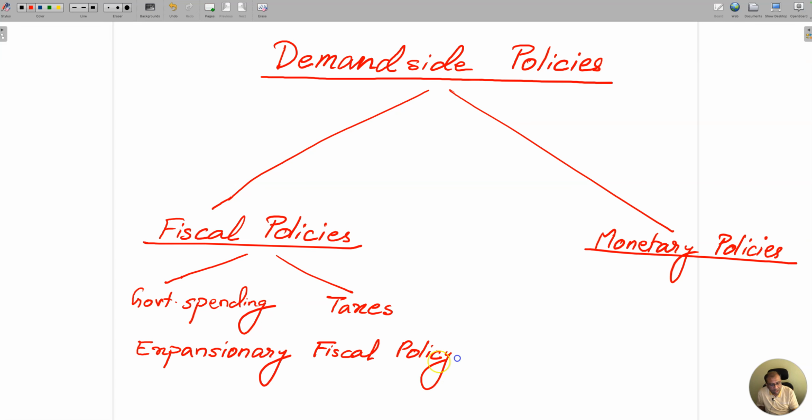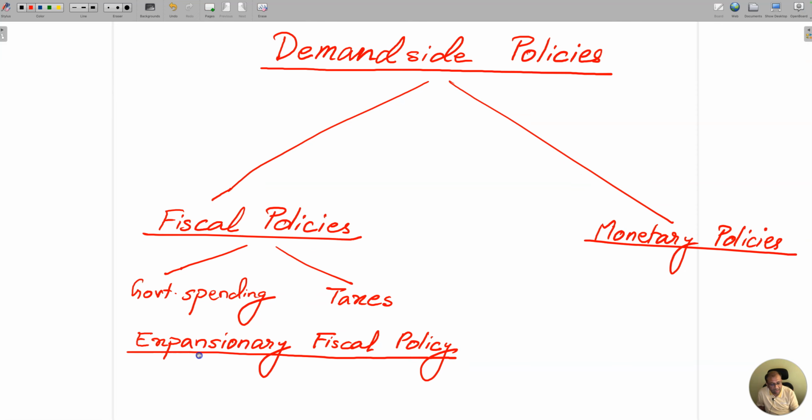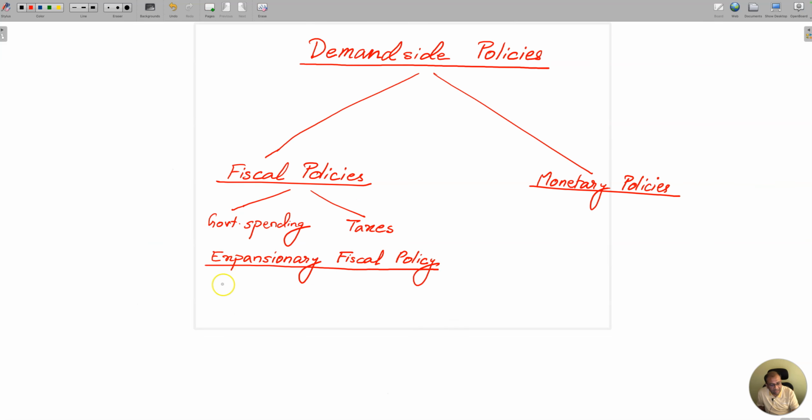So how would we be using the instruments in case of expansionary fiscal policy? Ideally, we would increase the aggregate demand by either increasing the government spending, and or reducing the taxes.